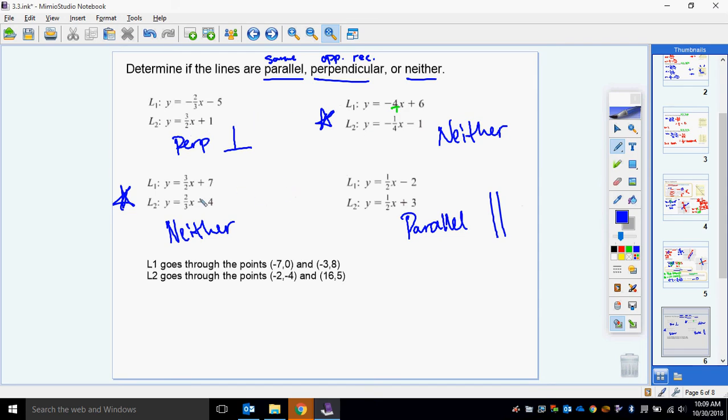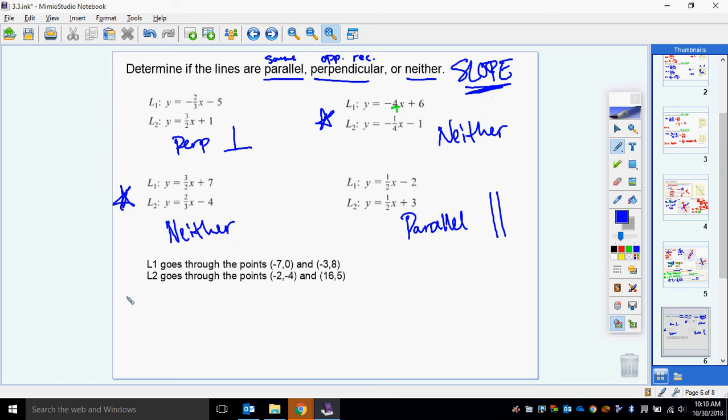Okay, so that's easy when it looks like that. I can immediately tell once it's in slope-intercept form. But what about if it says line 1 goes through the points -7, 0 and -3, 8. Line 2 goes through the points -2, -4 and 16, 5. So these are two different lines. And to determine if lines are parallel, I need to look at their slope, don't I? That's what I was doing here in all of them, looking at their slopes.